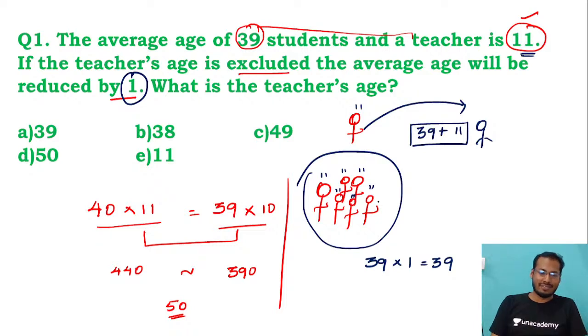Let me check ourselves whether we understand this concept or not. See, same question, instead of reduced by 1, I will write 2. Okay, the average age will be reduced by 2. What is the teacher's age? Please try and give your answer in the comment box fast. If you give the right answer, we go to the next question.